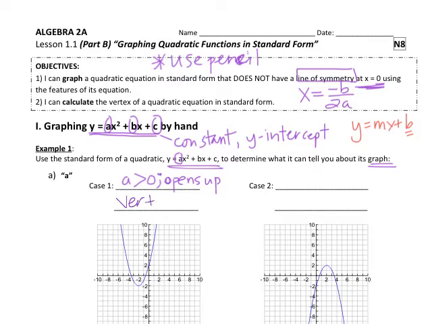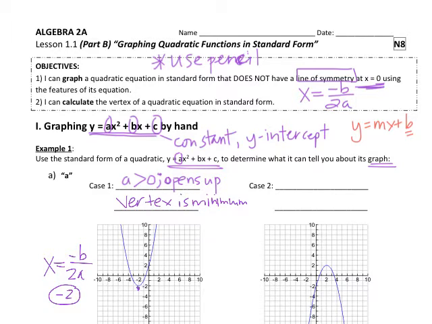So in this first case, the vertex is a minimum because it's the lowest point of the graph. The function is not given here, but x is going to equal the opposite of b over 2a, and that happens to be, actually, negative 2, isn't it?